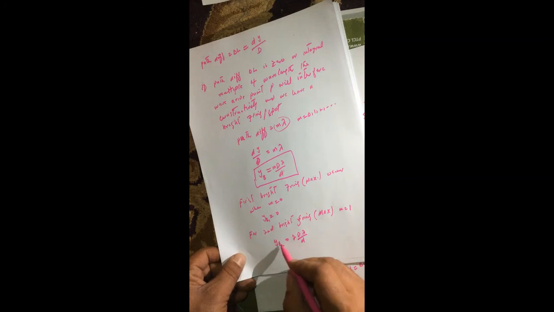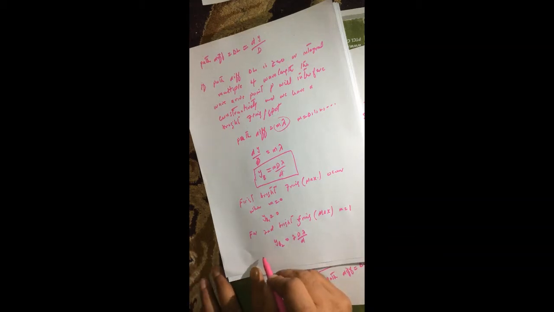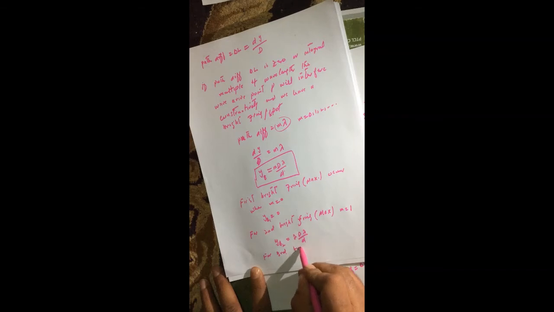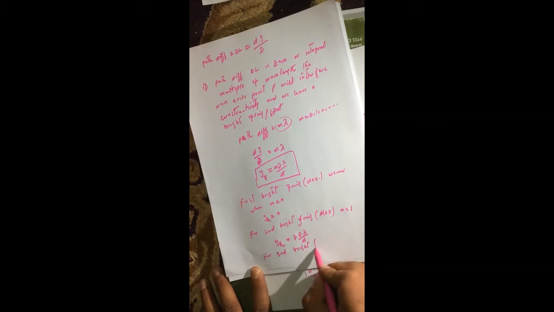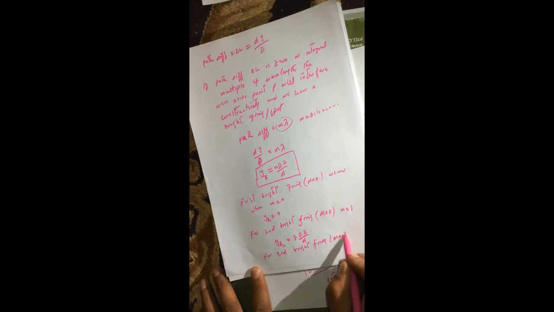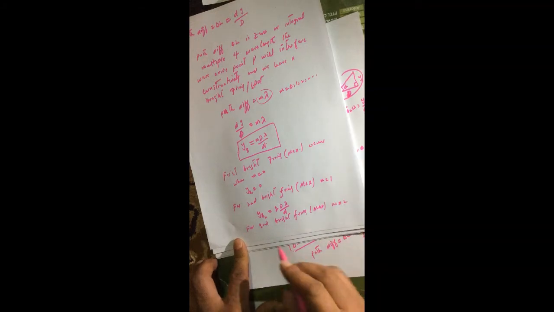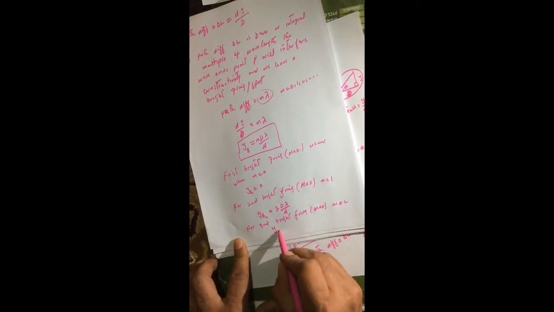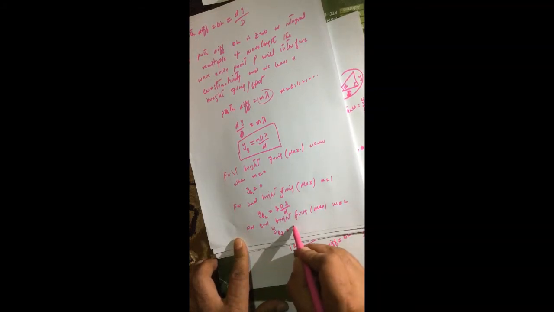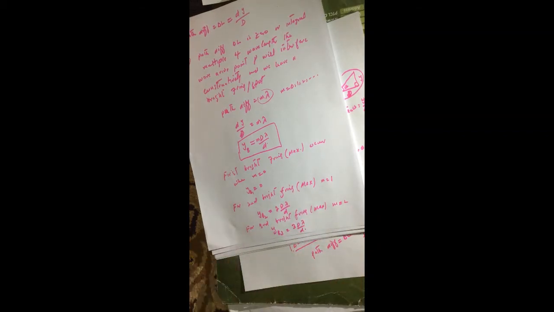This B stands for bright fringe, a maximum. And similarly for the third bright fringe, a maximum, the m value will be 2. So the position of the third bright fringe will be 2D lambda over d, and so on.